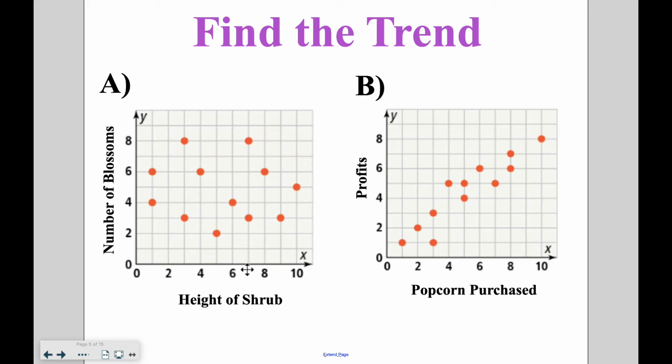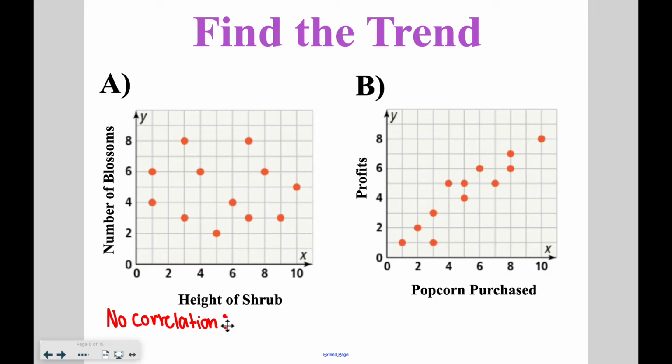So for example, A here, I have the height of a particular shrub and the number of blossoms on that shrub. As I look, there's not really a clear pattern in this data. So this would be no correlation. And then we want to make sure we always give an explanation as to what is happening.